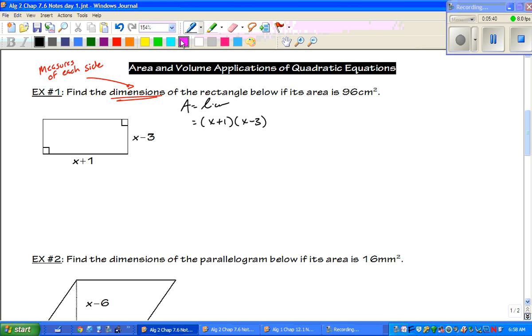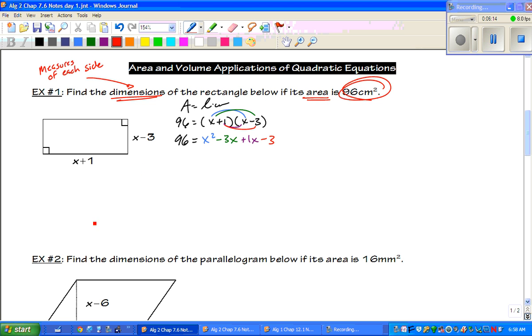And now we know the area because the area is 96 centimeters. Just like we did up there, foiling, we go x squared minus 3x plus 1x minus 3.